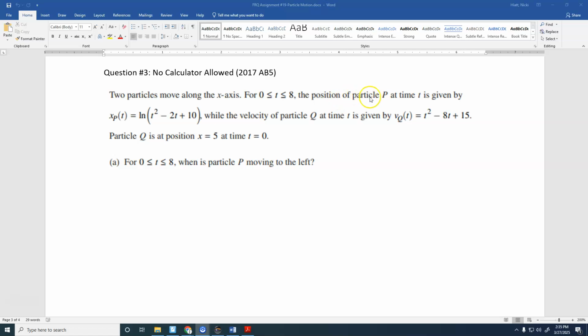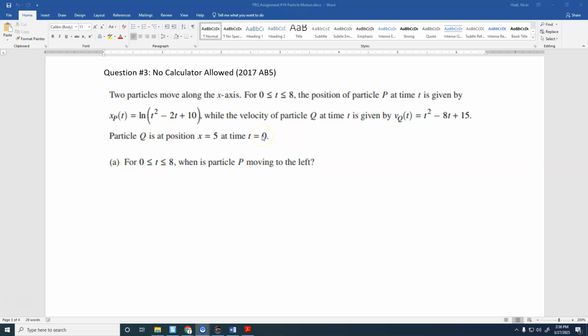The position of the particle p at time t is given by x sub p of t equals natural log of this stuff, while the velocity of the particle q at time t is given by this. Particle q is at position x equals 5 at time t equals 0.